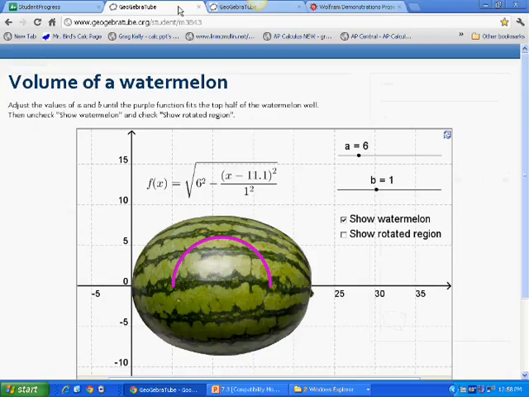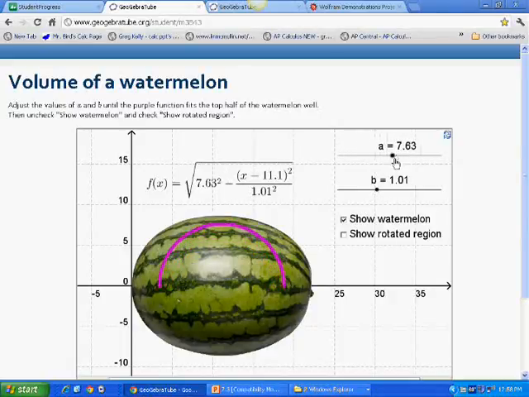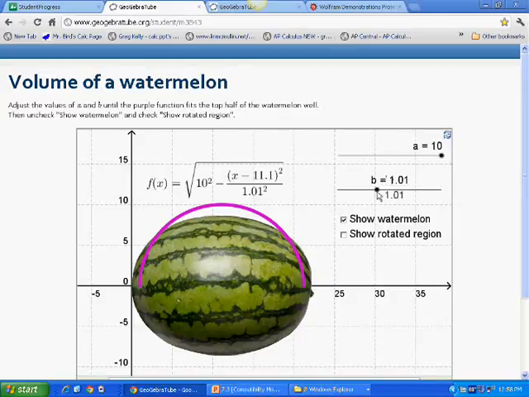I have a watermelon right here, and what I'm going to do is change the function with these sliders so that the function, or the shape of the ellipse, matches the watermelon.